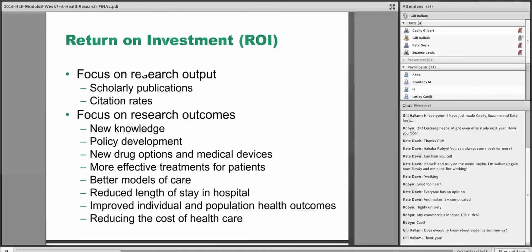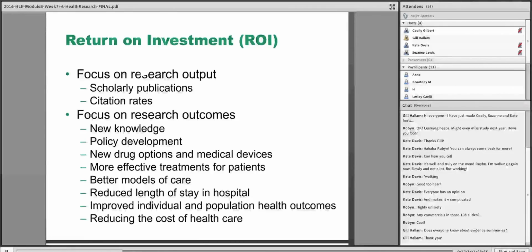So not just the development of new knowledge, but how this influences policy development, how it influences the new drug options and new medical devices that are available to patients, and how through the outcomes of research, patient treatments improve and the models of care improve, meaning that people stay in hospital less, which has a direct impact on health funding, of course.